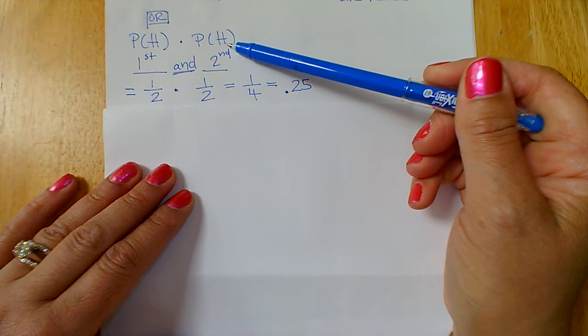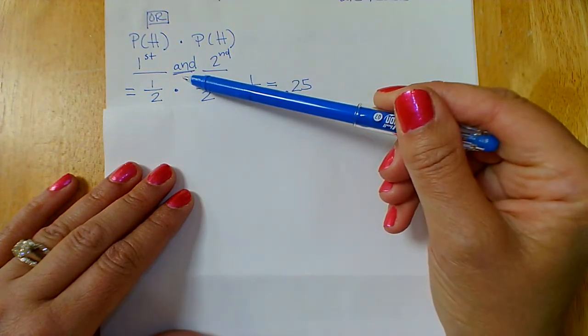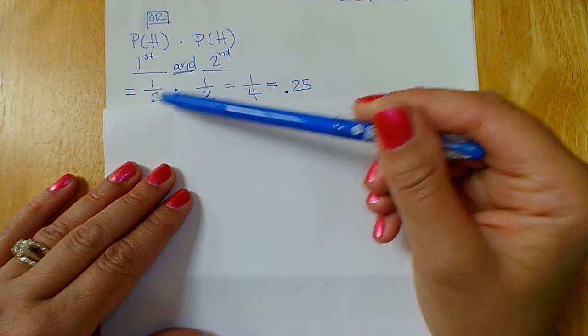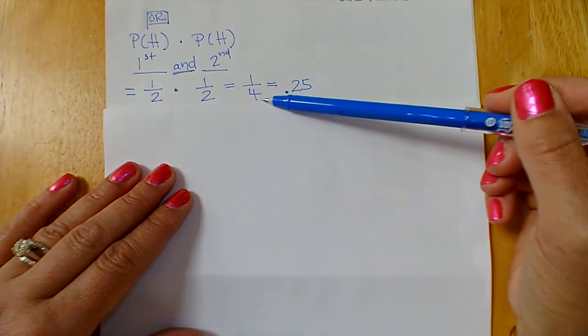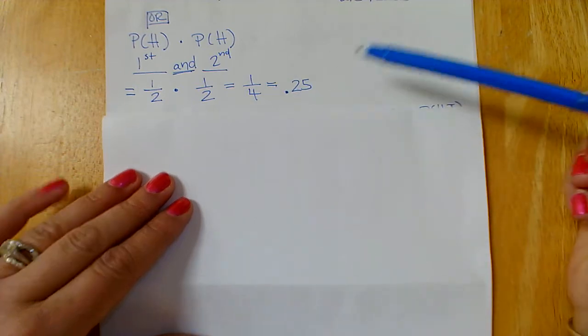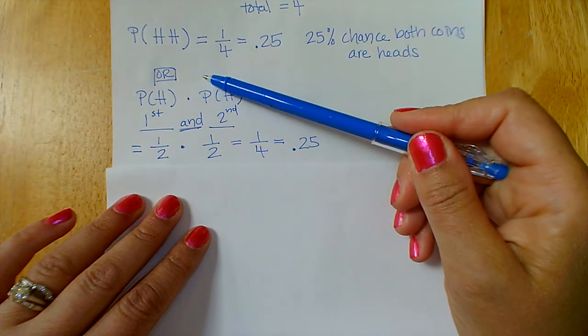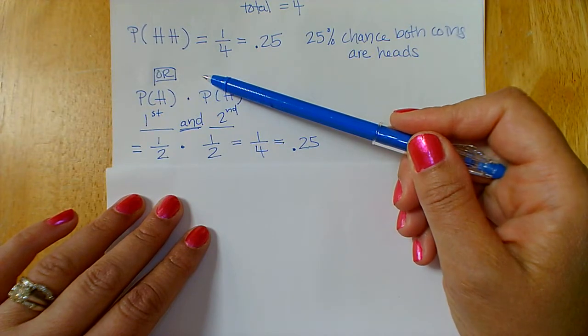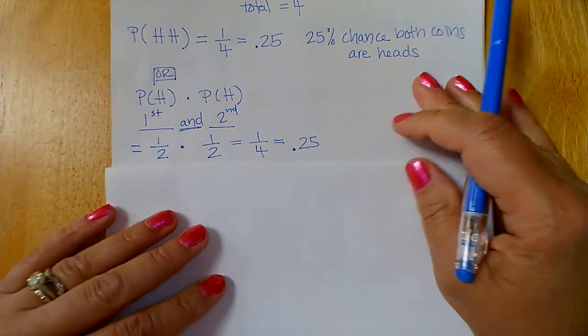Probability of heads again is 1/2. If we use our "and means multiplication" rule in probability, we do 1/2 times 1/2. 1 times 1 is 1, 2 times 2 is 4, and we get 0.25, which is exactly the same as we got up here doing it using outcomes and sample size. Sample space, which is sample size.